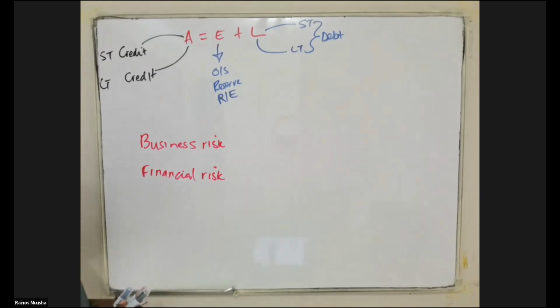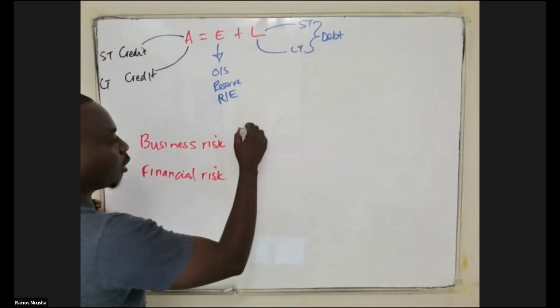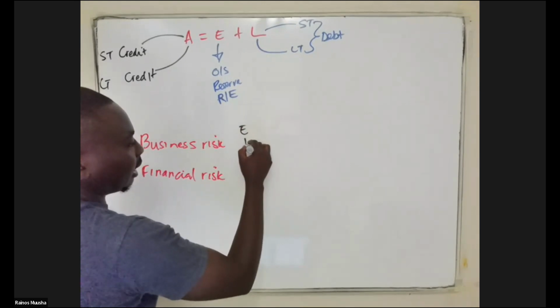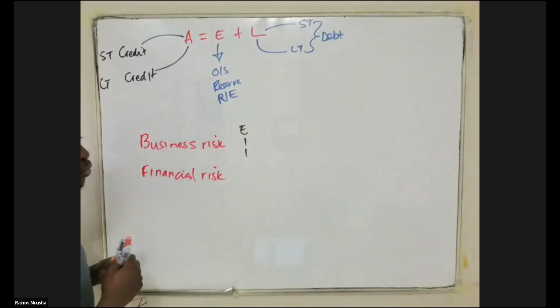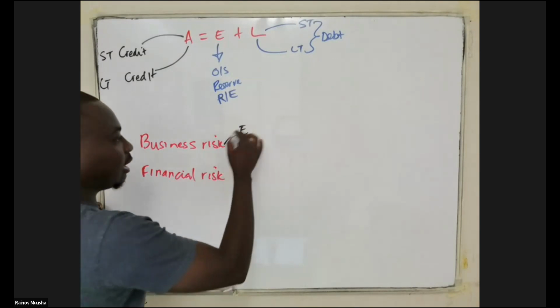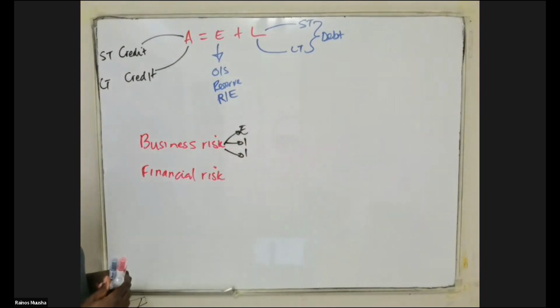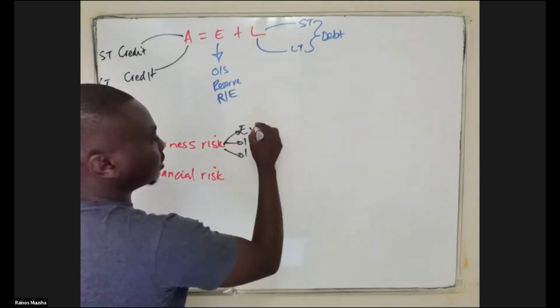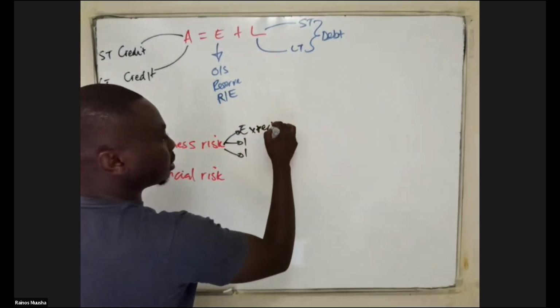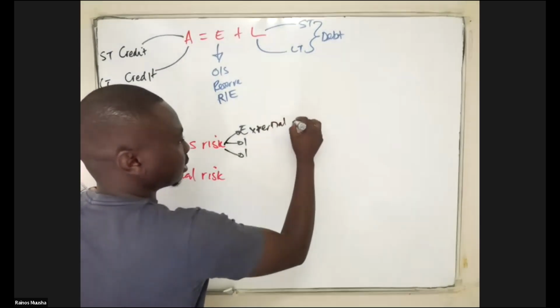Now, when you look at business risk, you're looking at what we call the EII, sources of risk. Your business risk can be emanating from EII, where the first one is your external risks.